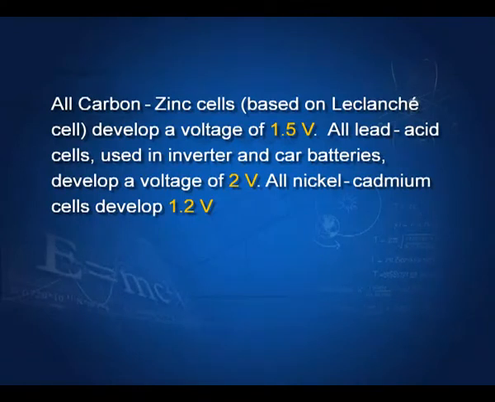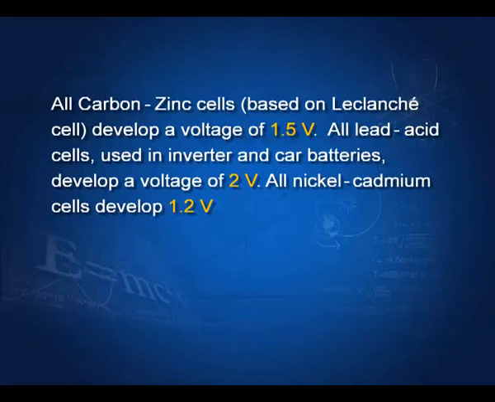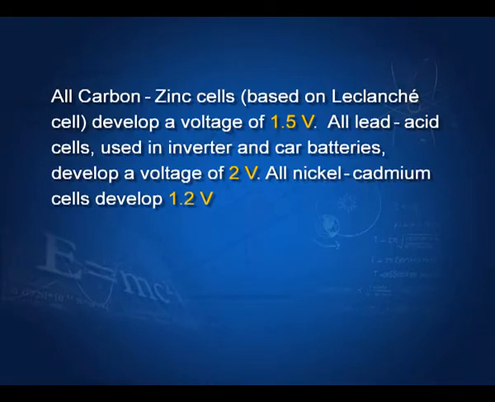The smaller AAA batteries also have potential difference 1.5, because both of them have the same chemical reaction, which is based on the Leclanche cell, and therefore they produce the same voltage. All lead acid cells, the kinds that you use in an inverter battery or in a car battery, develop a voltage of 2 volts, because the reaction in them is the same. All nickel cadmium cells develop a voltage of 1.2 volts.